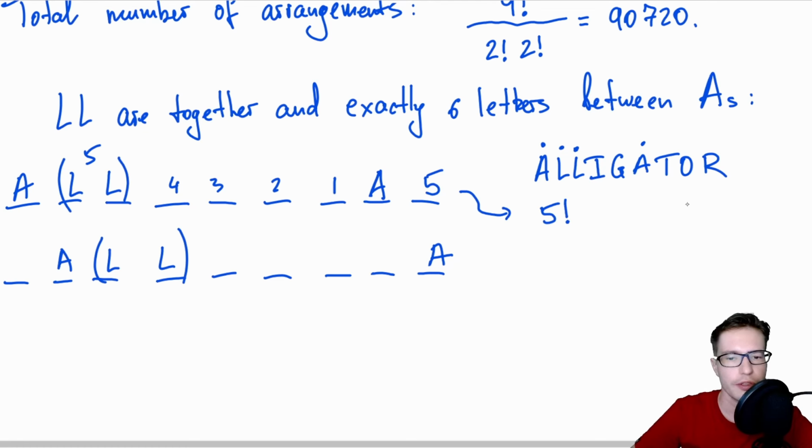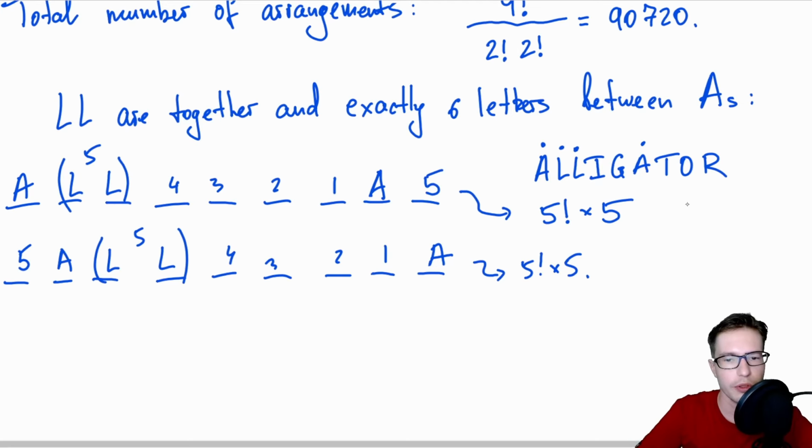So all in all, we got 5 factorial times 5. And absolutely the same thing happens here. We have 1, 2, 3, 4, 5 objects in between those 2 A's, and 5 ways to choose the first letter. So our result is going to be exactly the same. It's 5 factorial times 5.